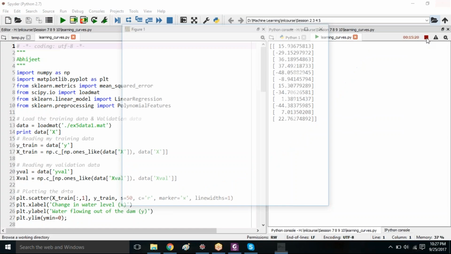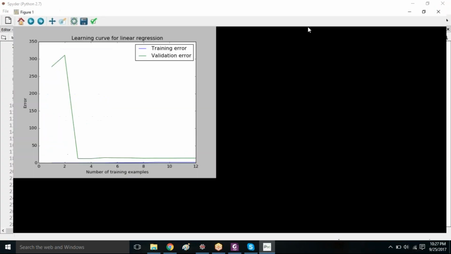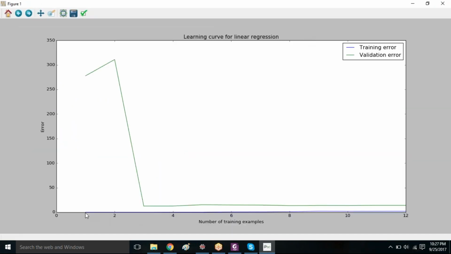Now if you see the curve, can you see the training curve, this blue one? It is very less. Do you remember the value of training error when we were fitting a line?